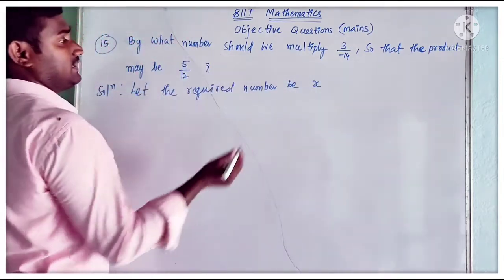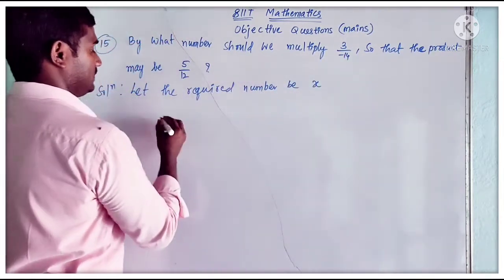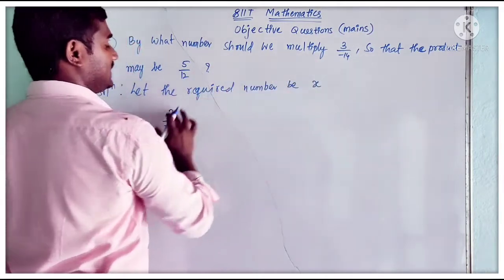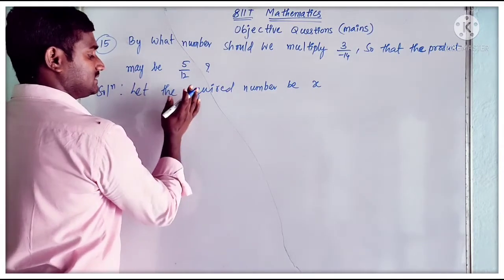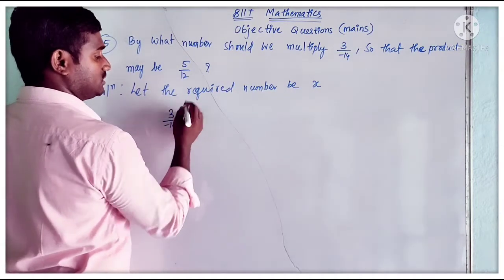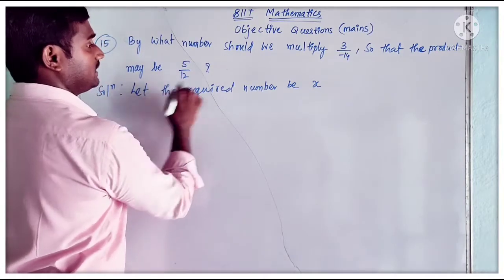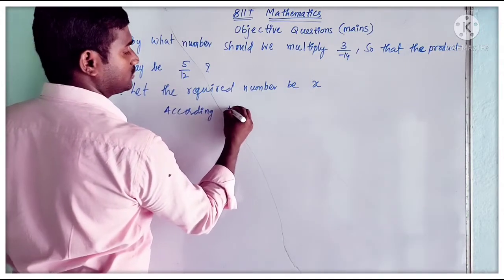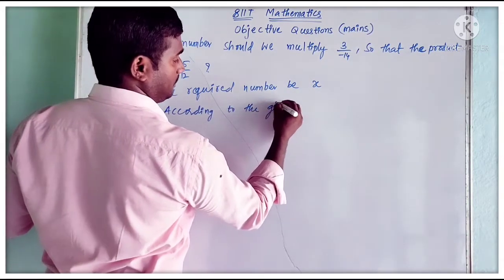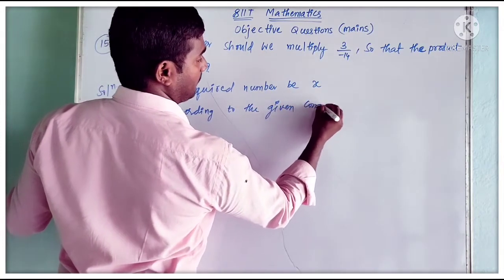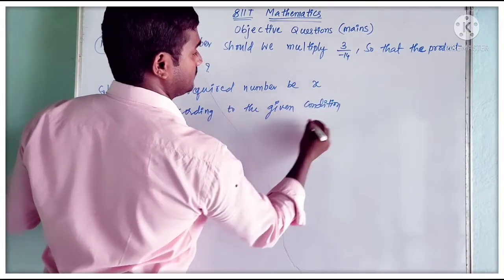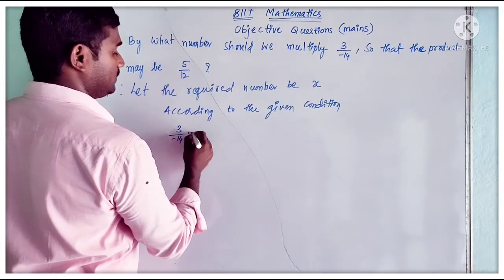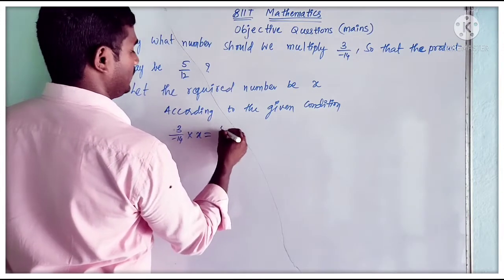If you multiply x with the given rational number 3 by minus 14, according to the given condition, 3 by minus 14 into x equal to 5 by 12.